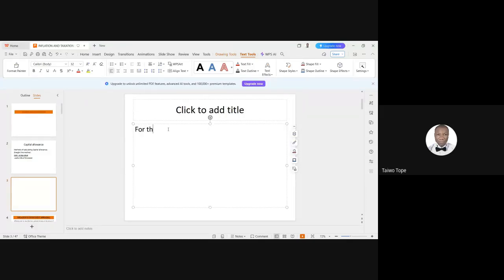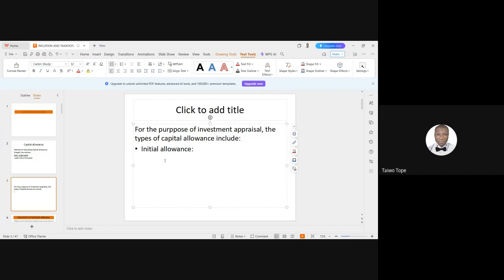So let's say, for the purpose of investment appraisal, the types of capital allowance include, number one, initial allowance.